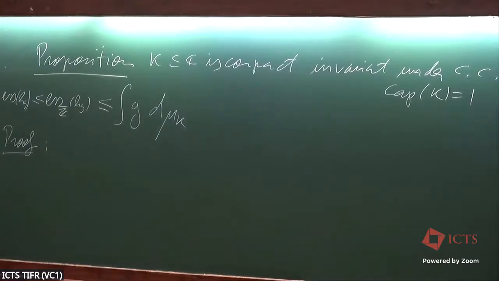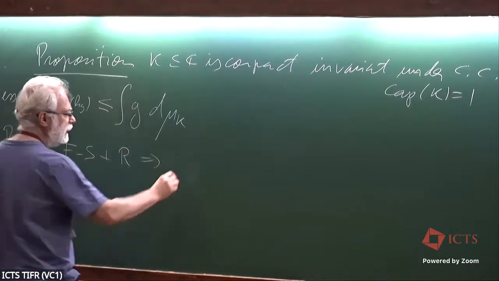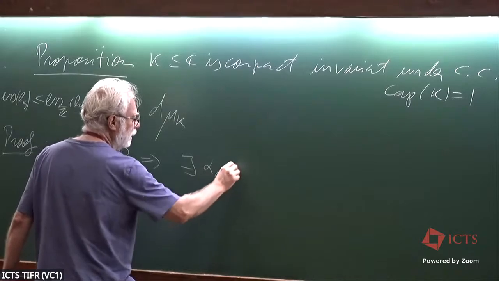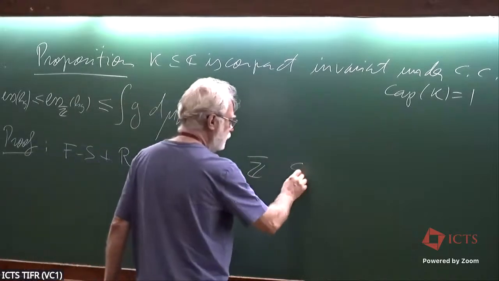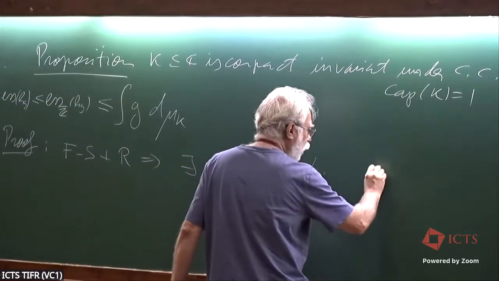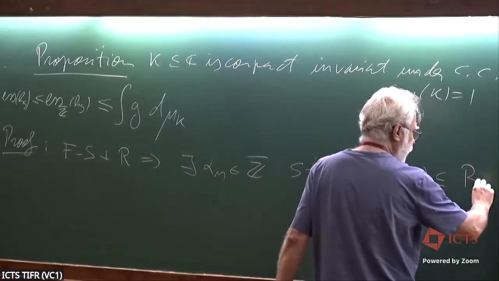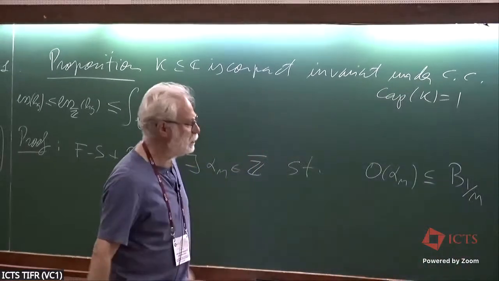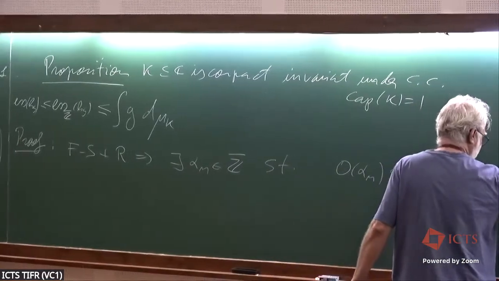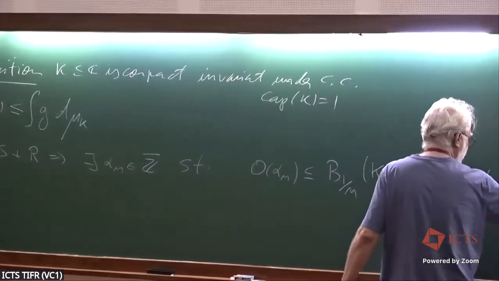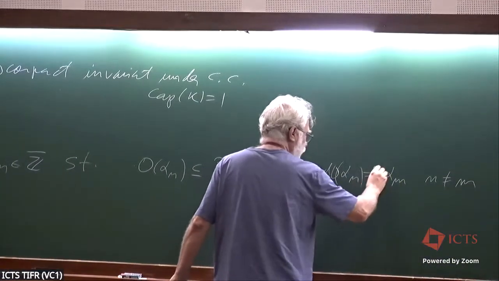Using Fekete-Szegő plus Rumely implies that there exists a sequence alpha n belonging to the algebraic integers such that the whole orbit of alpha n is contained in the neighborhood of radius 1 over n of K, and alpha n is different from alpha m whenever n is different from m, or maybe the orbits are different, to make it generic.